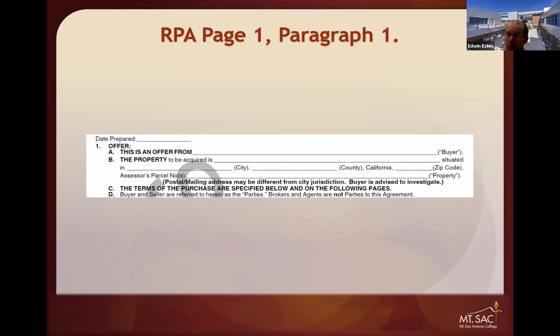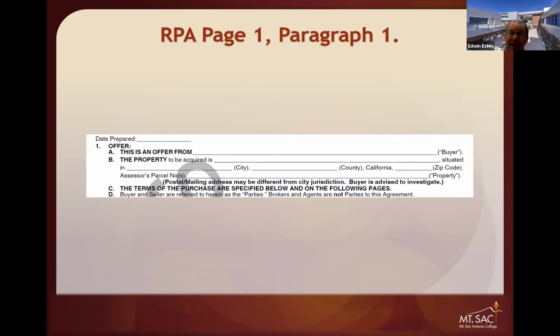Again, we want to list all of our buyers. There is a prohibition of assignment in this contract like we had in the former RPA-CA. We'll talk about that a little bit later. We want to identify the property both by street address, city, county, and zip code. You'll notice we have an extended line for assessor parcel numbers.